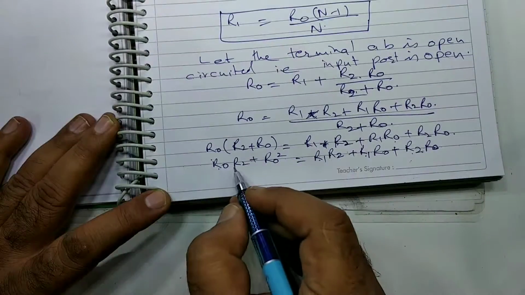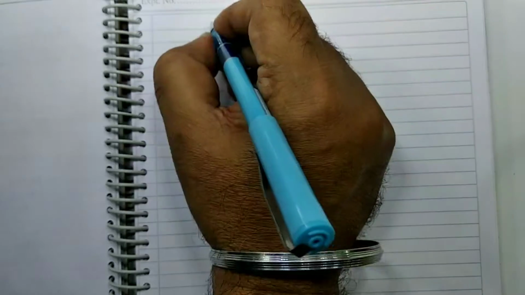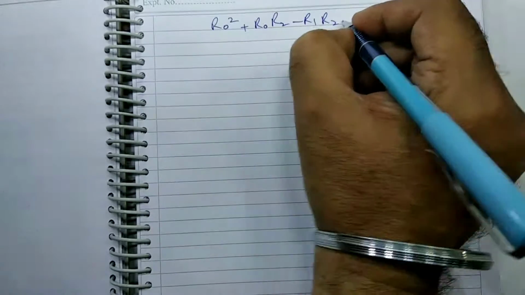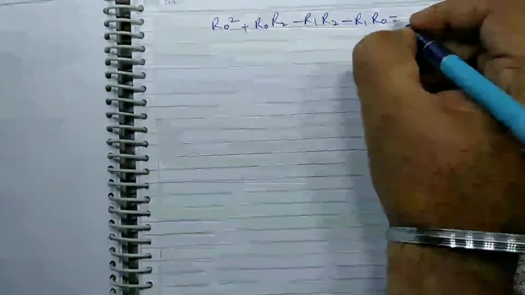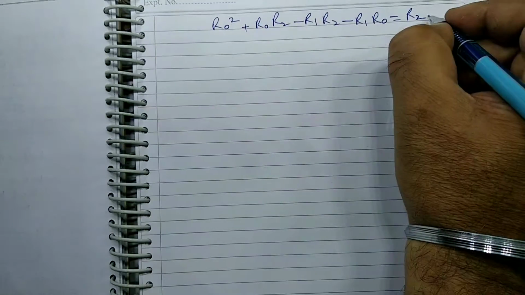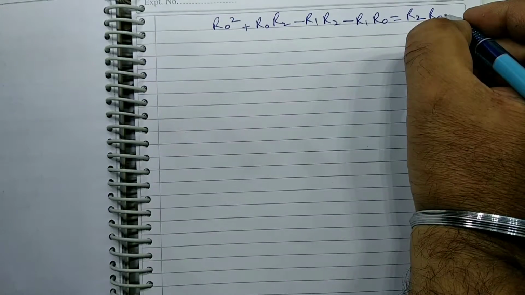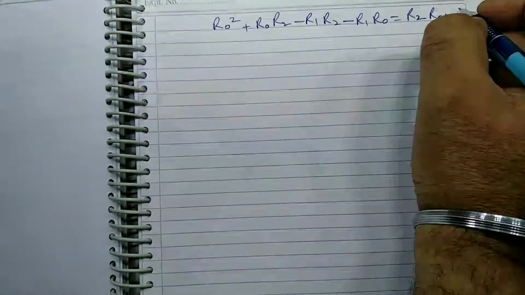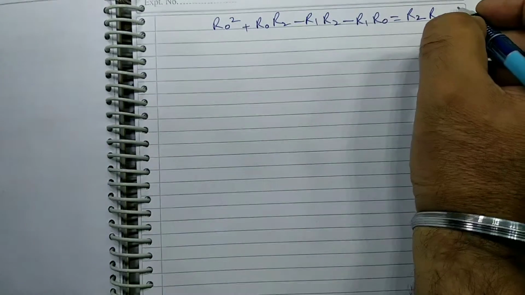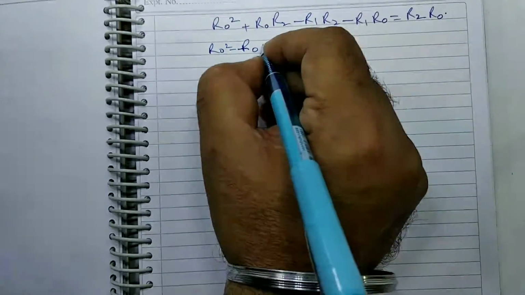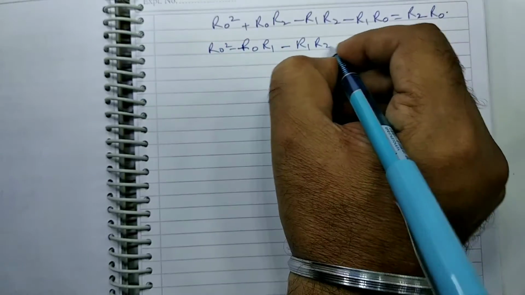So here on this side Ro R2 plus Ro square. Now solving this equation we get Ro square plus Ro R2 minus R1 R2 minus R1 Ro minus R2 Ro is equal to 0, so Ro square minus Ro R1 minus R1 R2 is equal to 0.